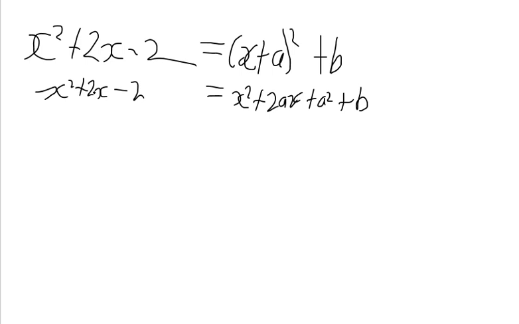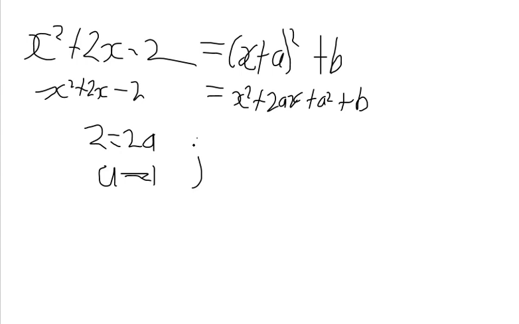So we are going to equate the coefficient of x on the left hand side to the coefficient of x on the right hand side. Here we are going to have 2 equal to 2a. So our a is equal to 1.